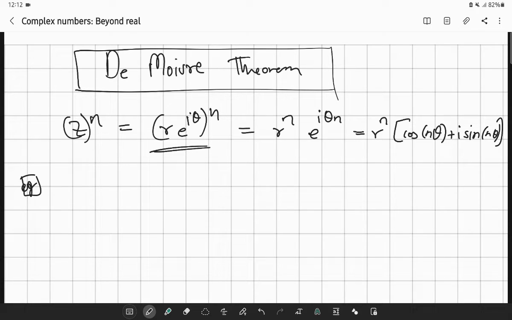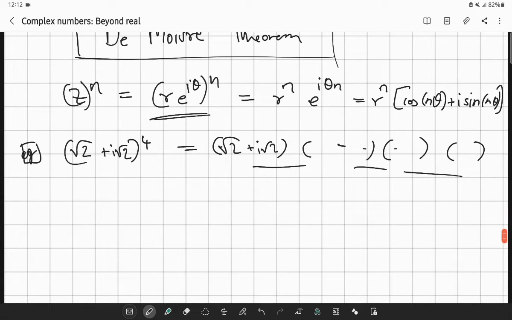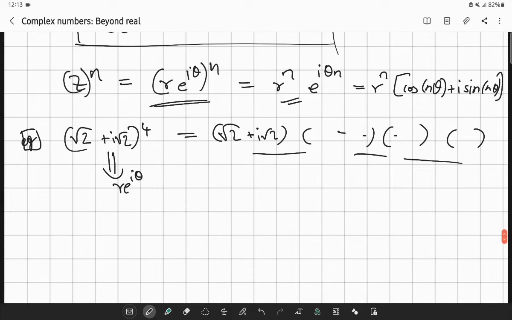So I have root 2 plus i root 2, the whole raised to 4. How do I do this? I can multiply root 2 plus i root 2 four times, but that's a really lengthy process. Instead, I can change this to r e raised to i theta, so I can use De Moivre's Theorem.